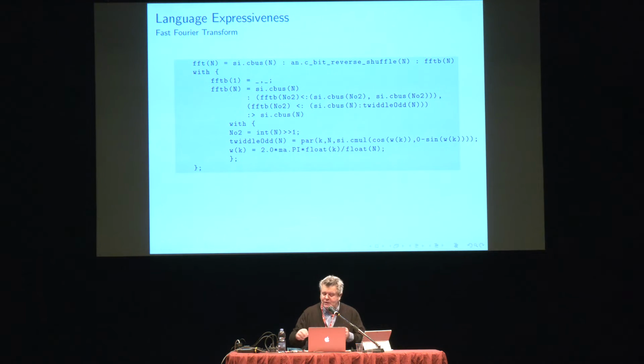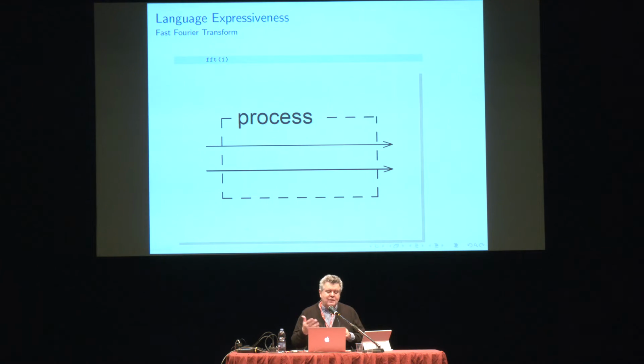So here it's a way to describe an FFT. And here you see a parameter n, which is the size of the FFT. You can use this FFT with parameter 1, just a one sample FFT. We have two cables because they are complex numbers.